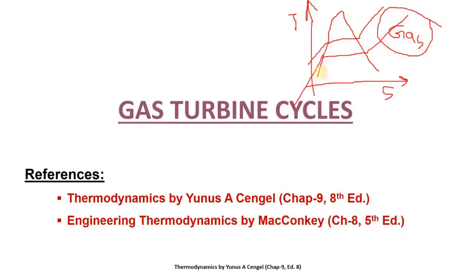So there is no need to show this dome in these gas turbine cycles, because there is no possibility of this gas to condense during any process, because the temperatures and pressures will be well above this phase change region. So we will be far away from this dome. We shall be showing these pressure lines only in the gaseous region.